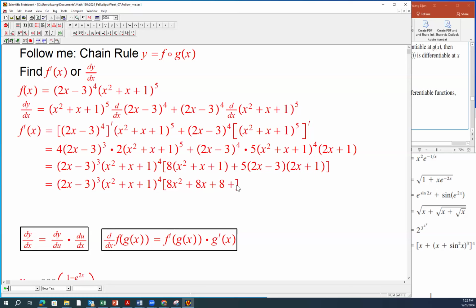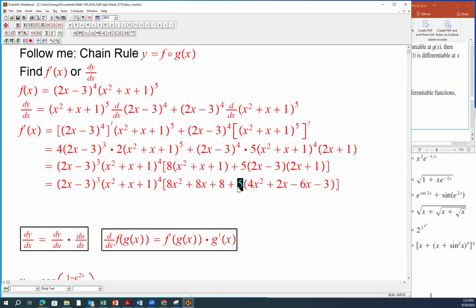Okay, FOIL that piece. You can use scratch paper if you want. So 5 multiplied by, we're going to multiply 2x times 2x. That's 4x squared. 2x times 1, that's 2x, right? Negative 3 times 2x, that's minus 6x. And negative 3 times 1, that's minus 3.